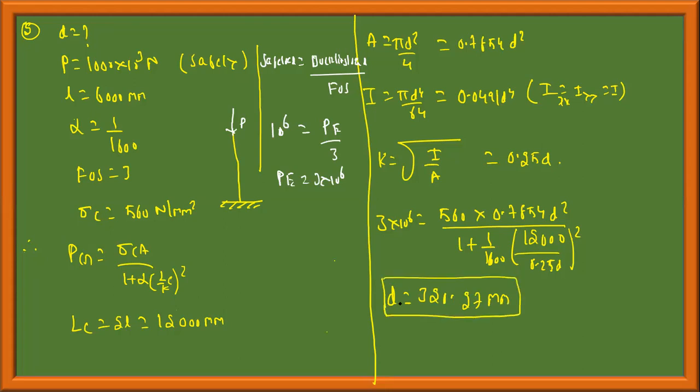In order to avoid buckling, my diameter should be 320.27 mm. If you consider only the safe load, then it may not withstand the buckling load itself. If I take this dimension, the load applied will not fail due to buckling. Hope you understood this.